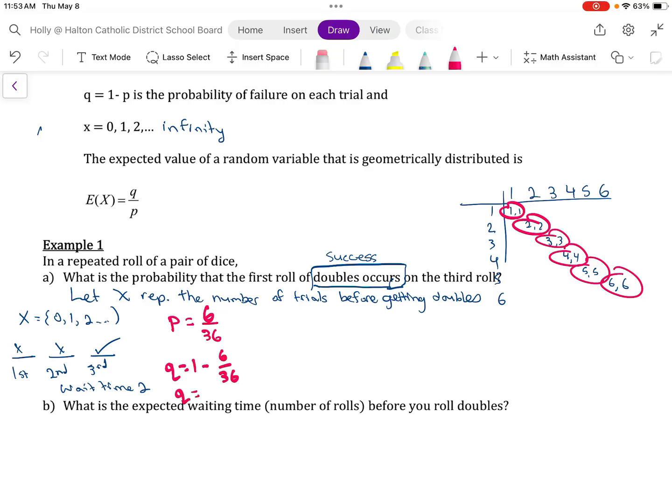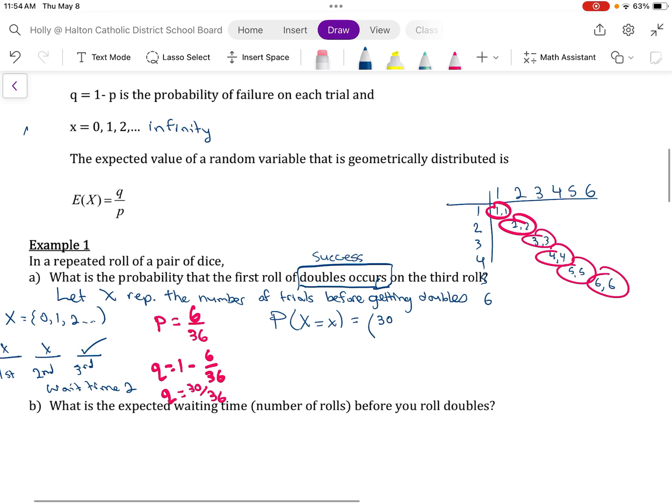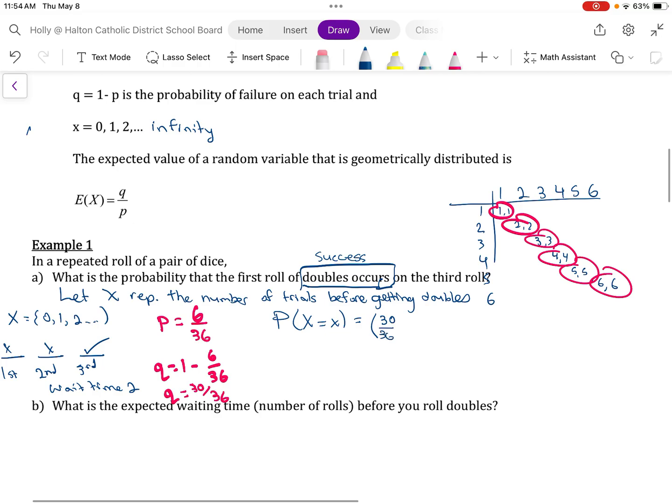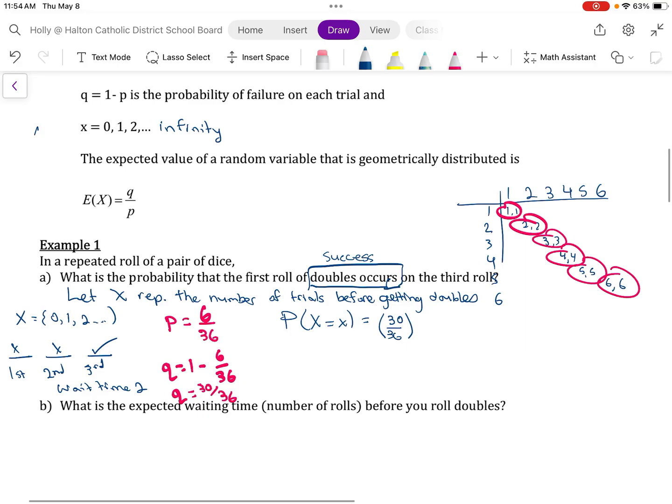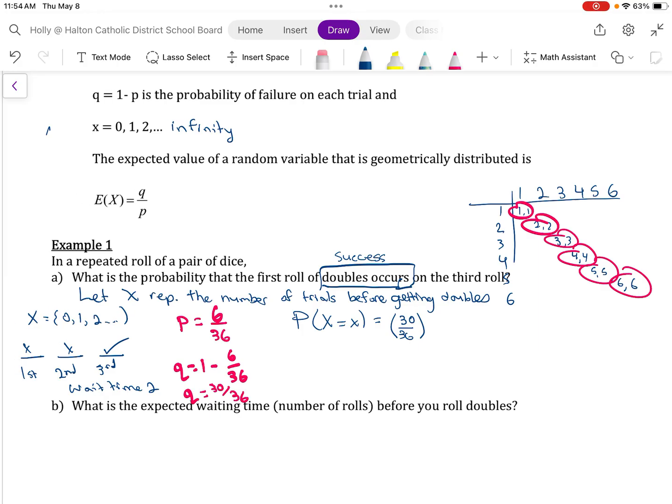So Q would be 30 over 36. So using our formula, we have the probability of failure here, 30 over 36, to the power of x. And in this case, x is your wait time, and your x is 2.